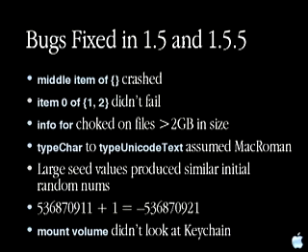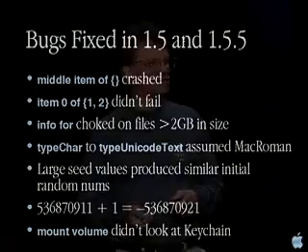There's a very interesting problem where 536,870,911 plus 1 equaled negative 536,870,921, which is not the correct answer. We fixed that. And mount volume didn't look at keychain, which some considered a bug.